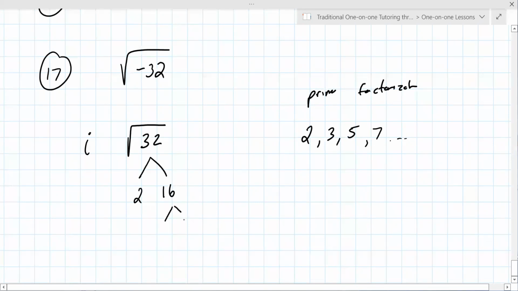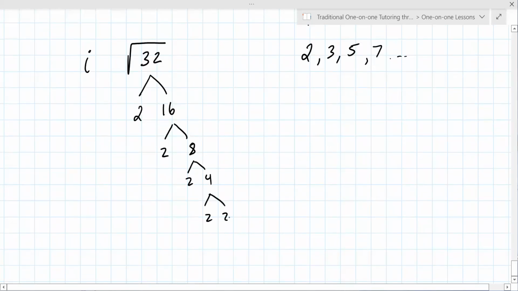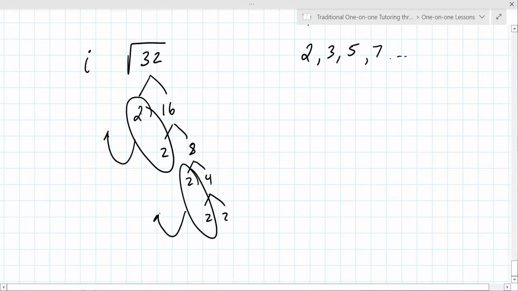Then you try 2 again, and again, and again. This factor tree should have prime numbers on all the leaves. Maybe you've seen this before. We do this in class. Then you circle pairs, and for each pair, you bring one out. So you're bringing out a 2, and whatever is left over goes back inside the root.